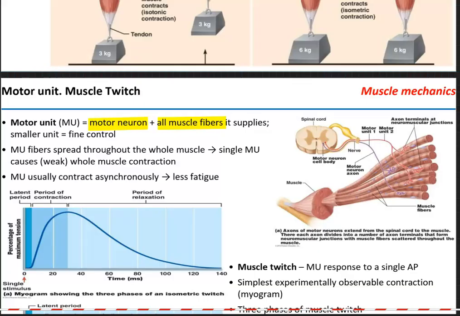As you can imagine, the class can be very small, or it can be very large. Now, which class is easier to manage? Smaller or larger? Smaller. We will get back to this idea that smaller motor units provide fine control. There is some trade-off.